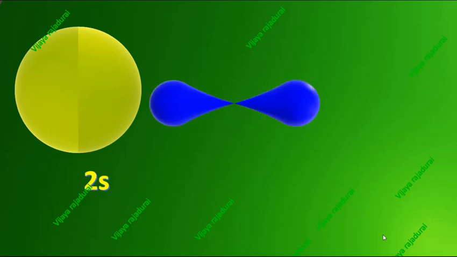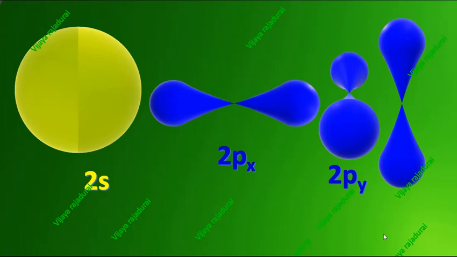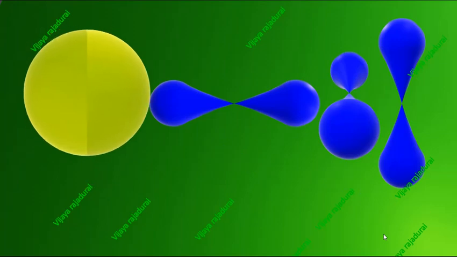The shape of p orbital is dumbbell shape. If p orbital is oriented along the x-axis, it is known as px orbital. Similarly, py and pz orbitals are oriented along the y and z axis respectively.